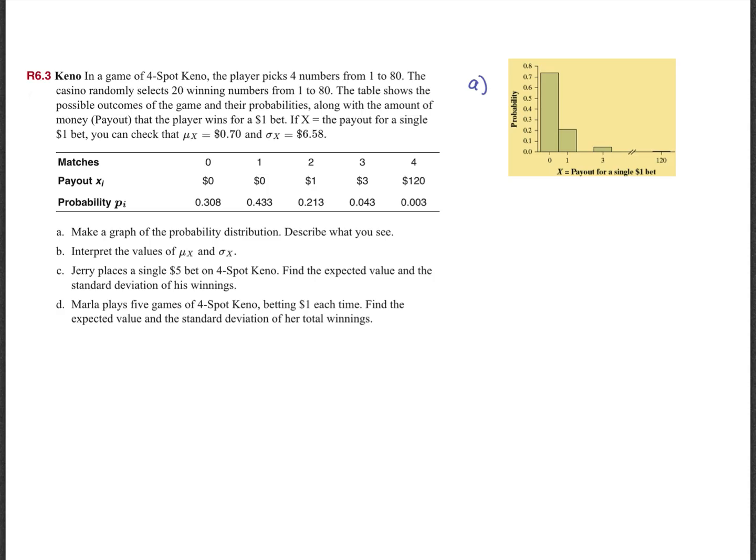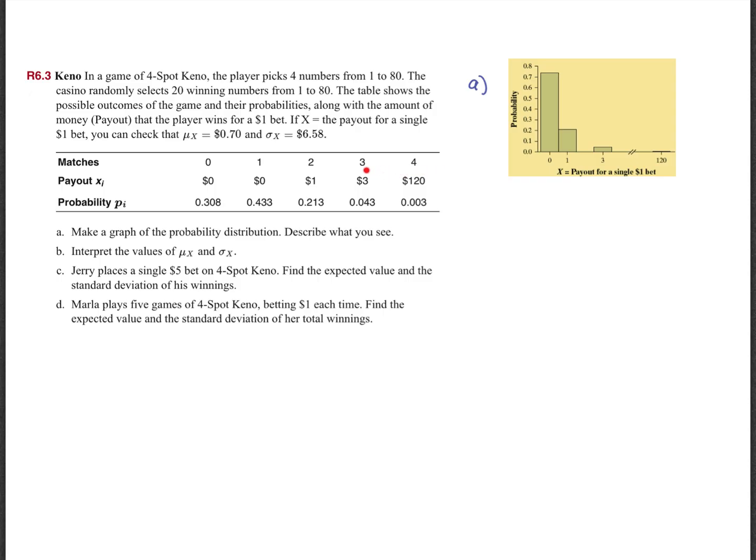Okay. So we could do that. We could put in all these values. First off, these 0 through 4 are like categorical variables, so you don't do any kind of math with these. So it's really just the payouts and the probabilities that we would be analyzing to find the mean and standard deviation, things like that.